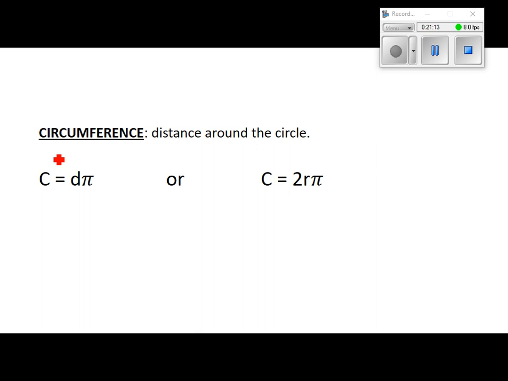Circumference. Circumference of the circle is the distance around the circle. Two different formulas for circumference: diameter times pi, or 2 times radius times pi. Both the same thing.